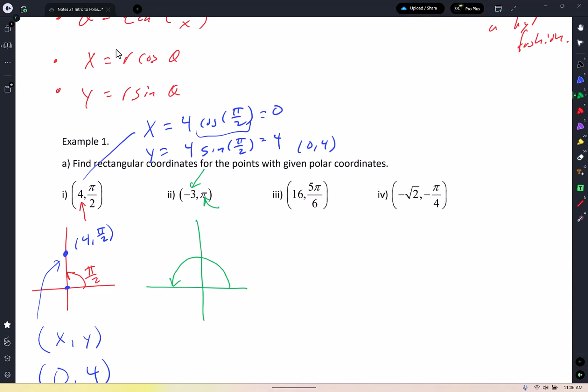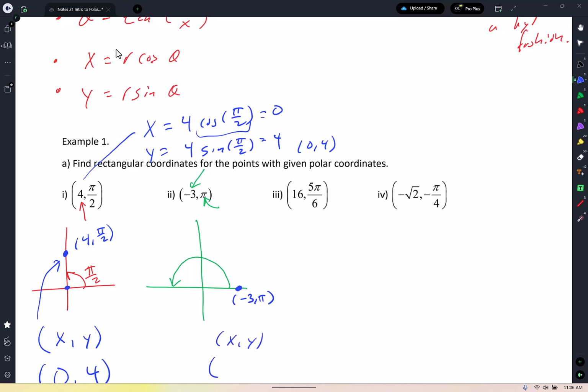So now I'm on the positive x-axis. So I'm right there. That right there is negative 3, pi in polar. Sorry, negative 3, pi. That is not negative 3, 0. Negative 3, 0 would have been the other one. But in a rectangular grid, what point is that in x, y?